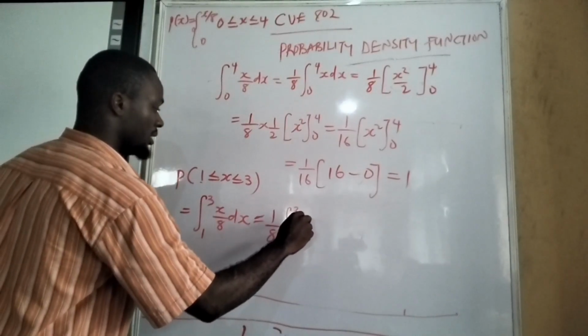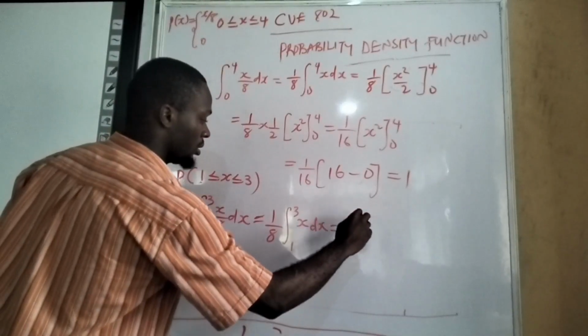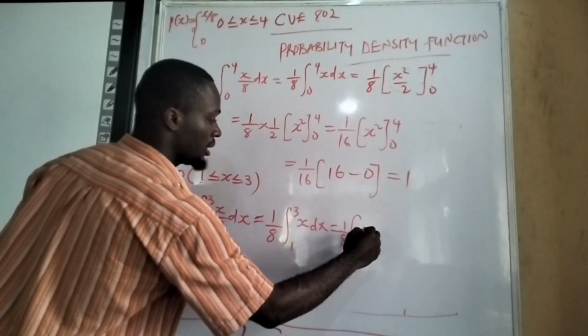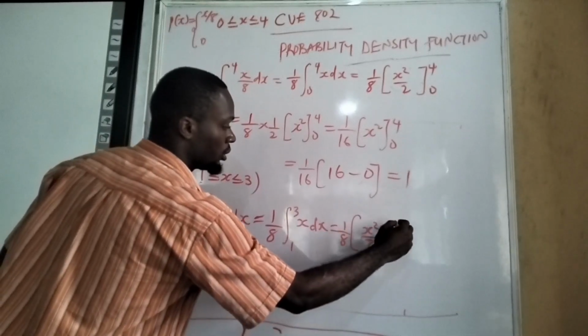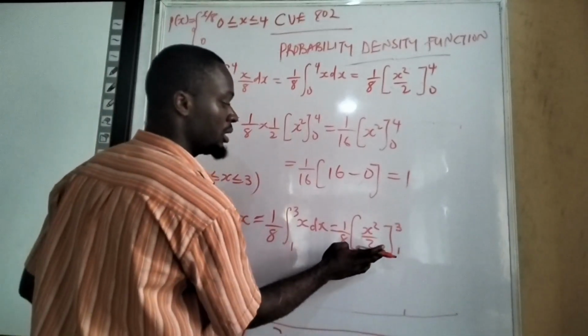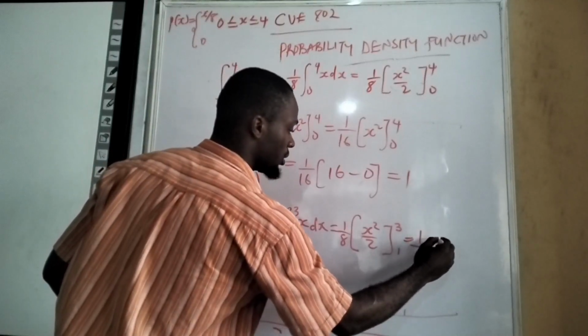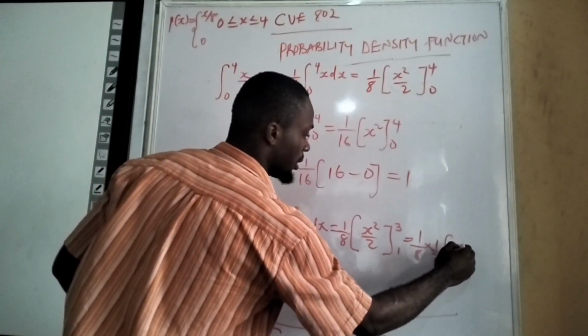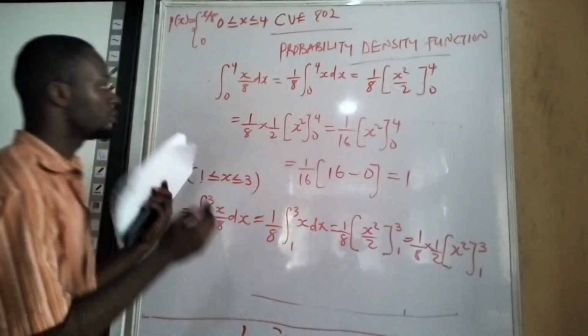So you have to integrate s. To integrate s, you just get s squared over 2. Take limits from 1 to 3. So you bring these 2 outside. You get 1 over 8 times 1 over 2, s squared from 1 to 3.